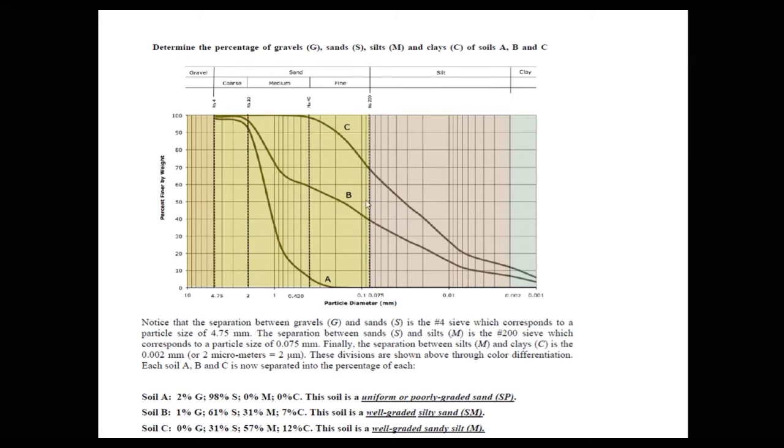Now, if you look at the second curve, the soil B curve, you're going to see that the percentage distribution here is close to 100, which means that it's not exactly 100, but slightly lesser than that. And if you were to just eyeball it, it's close to 1% gravel, and that's what is mentioned here. Now, between number 4 and number 200, what do you see? You have close to 40 and 98.